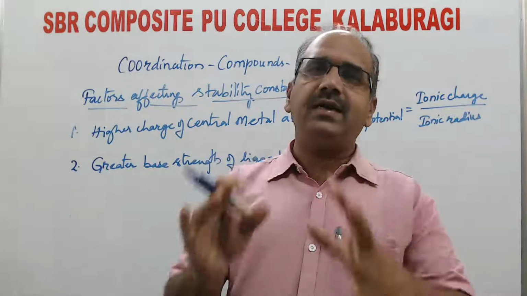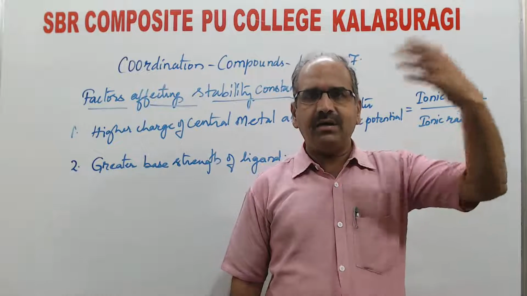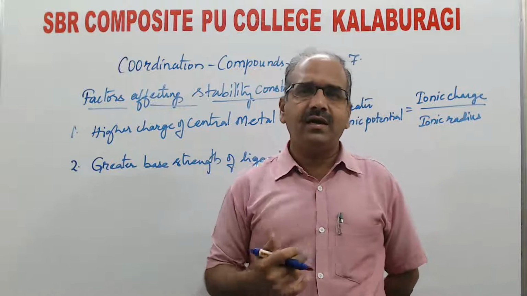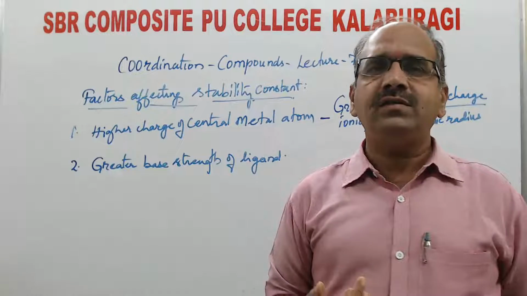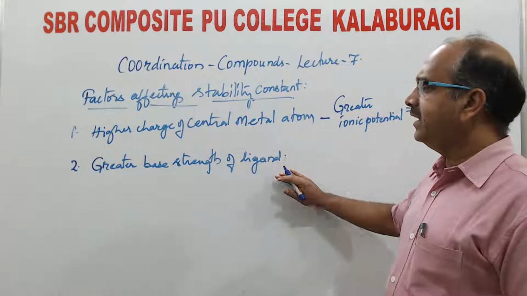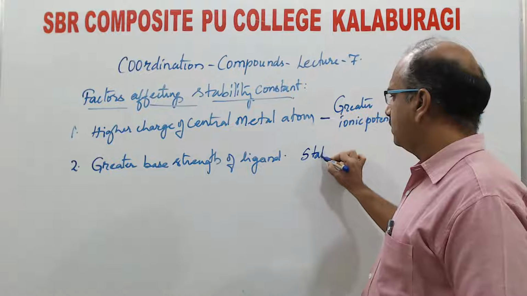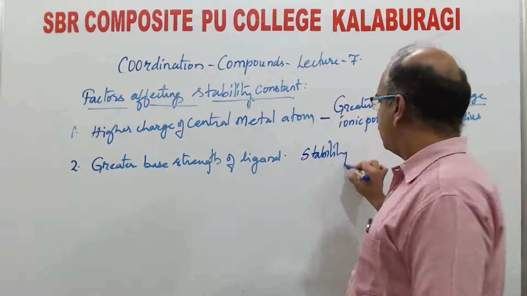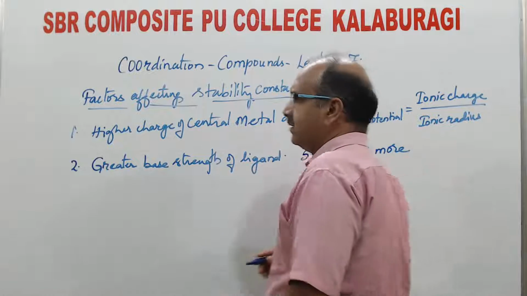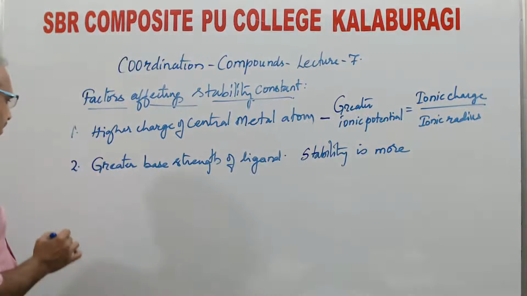It shall be donating a sufficient number of electron pairs, and it shall be creating a number of bonds between the central metal atom and the ligand. So with more bonds, definitely the stability shall be higher. More donating capacity of the electrons, more stable is the compound.